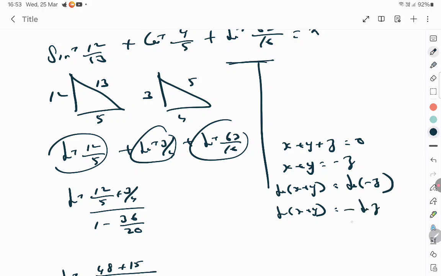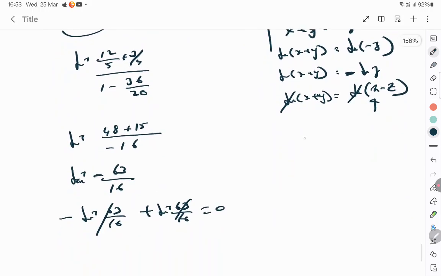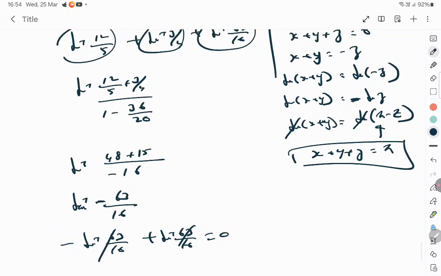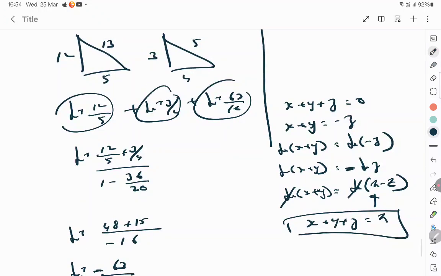Tan of minus z is minus tan z. Tan (x plus y) is tan (pi minus z), because you know a minus can be got even in the second quadrant. Somehow I'm inserting a pi, so that now if I do x plus y plus z, I'll get a pi, and that's what I need to prove. So that completes example 11.